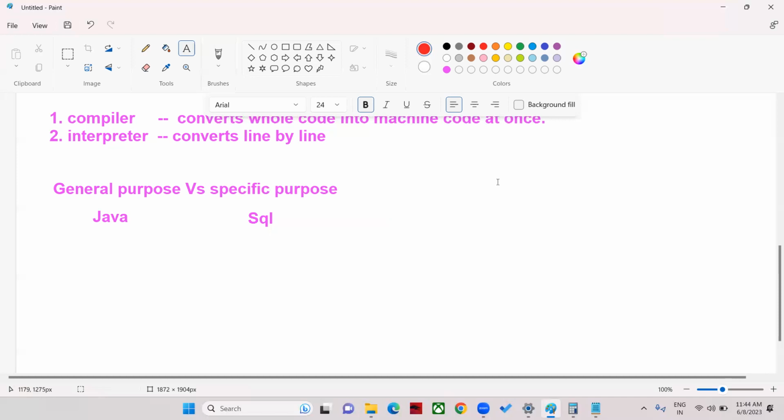Basically, that's a specific purpose language. We can do only one purpose with that particular language. We insert the data, manipulate the data, retrieve the data, and update the data. So using SQL we can only do specific operations on a database. We cannot build any other applications using it. Okay?